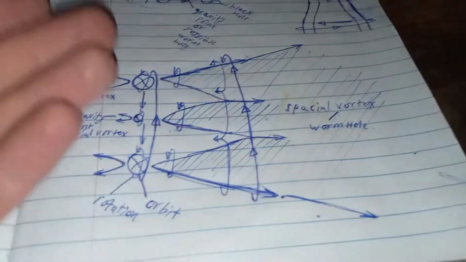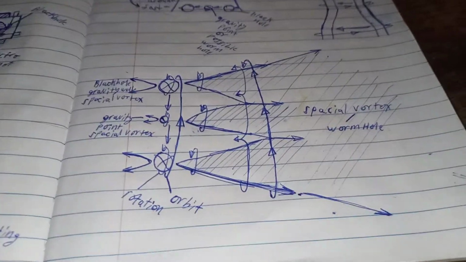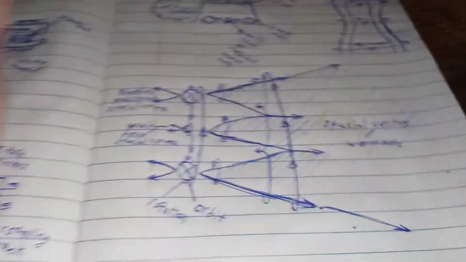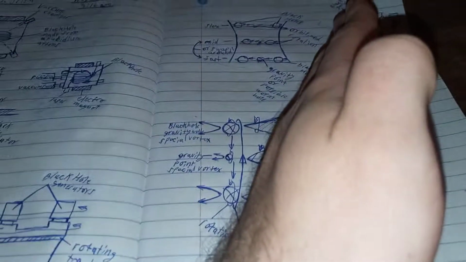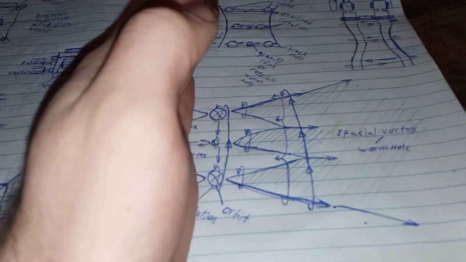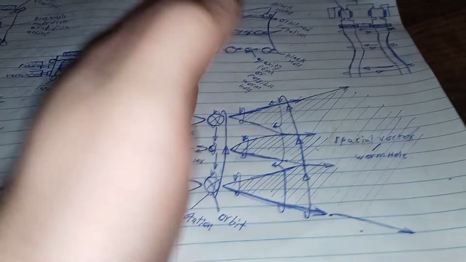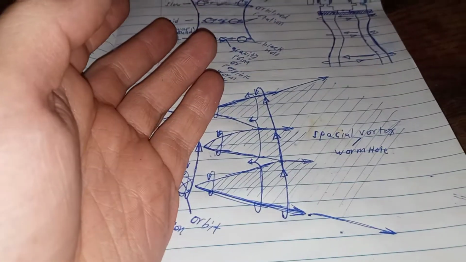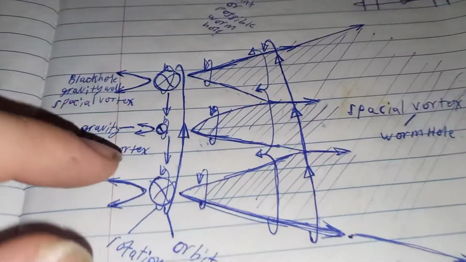Think of it like this: if you have two tornadoes side by side, and they were to merge, they're going to become stronger. Same concept, but with black holes.